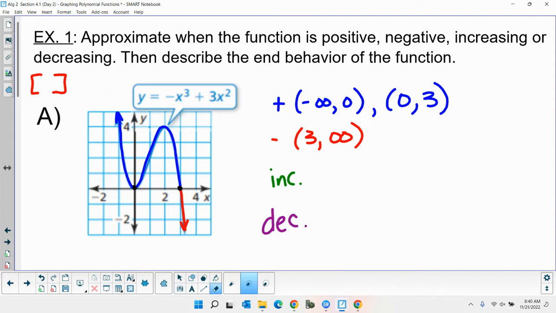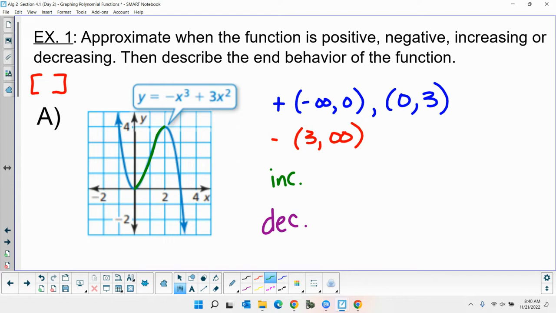Okay? So let's get rid of red and blue because we took care of positive and negative. Increasing is, again, remember, left to right, going up. It would be from 0 to what x value? What's that x value up there? 2, right?